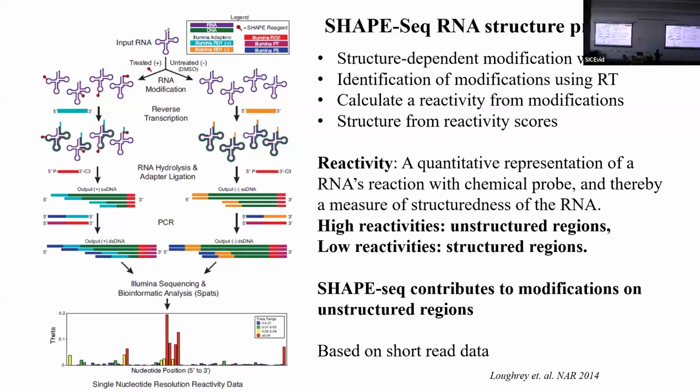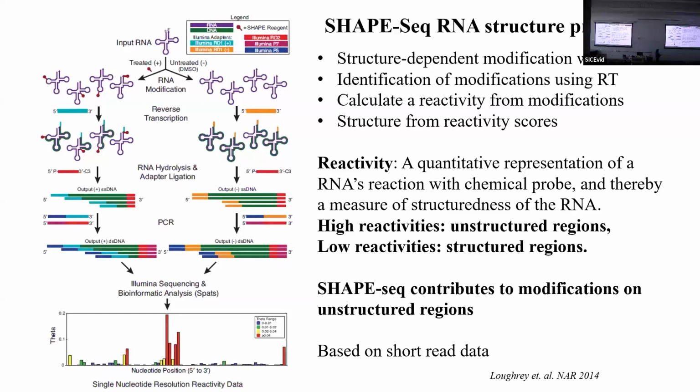When you compare one versus the other, you start seeing these spikes. When you normalize, they're called reactivity scores. They show the extent of reactivity between the chemical you have used and the RNA you are interested in. Higher reactivities typically correspond to unstructured or single-stranded regions. Lower reactivity scores correspond to structured regions.